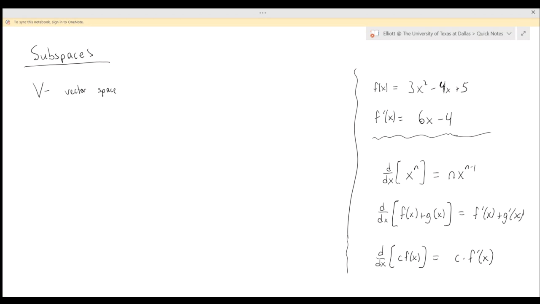So it doesn't really matter too much, but we've got a vector space capital V. All right, so a subset W of V is a subspace of V if W itself is a vector space.